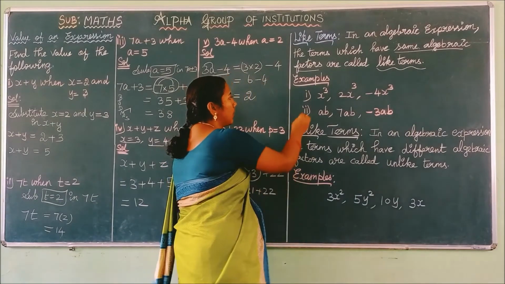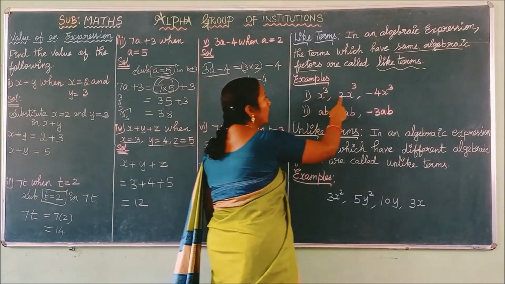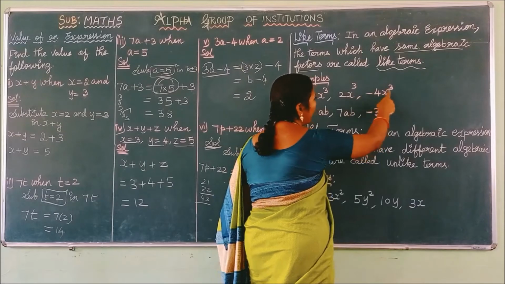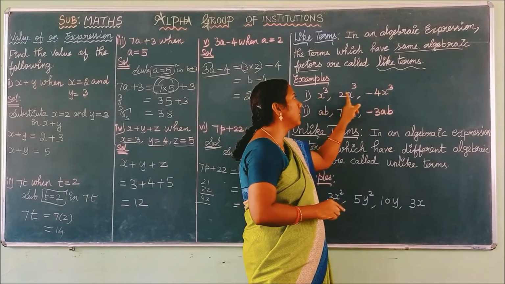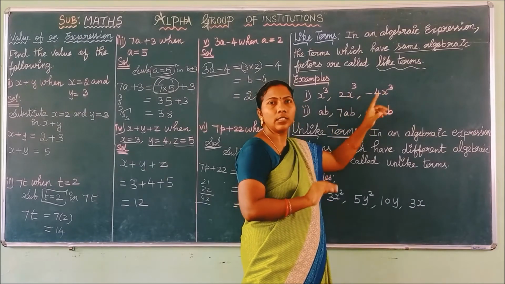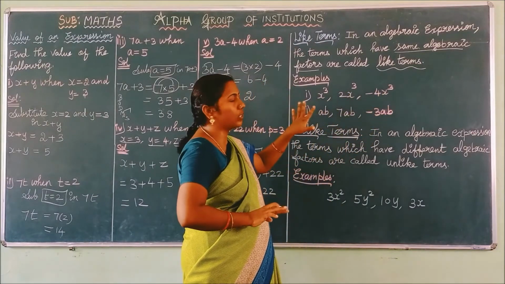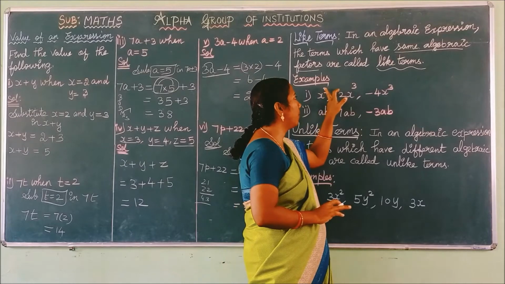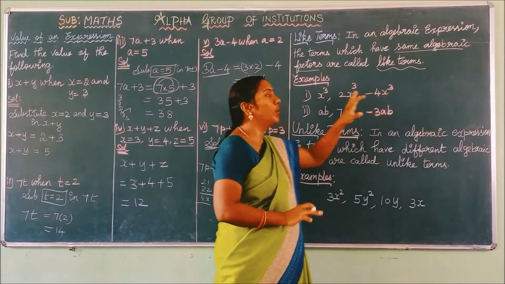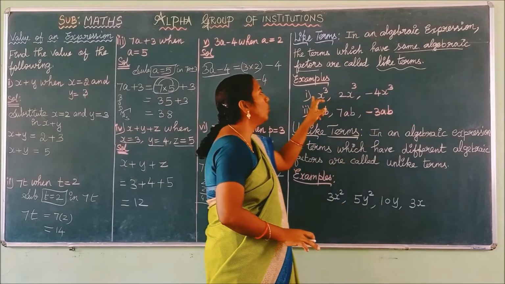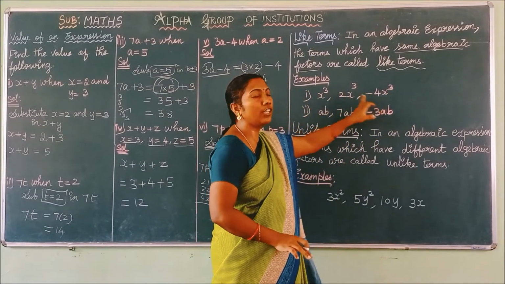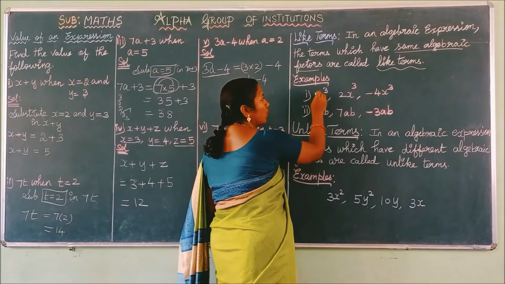See here we have some examples. x cube, 2x cube, minus 4x cube. Observe the variables. Here we have x, here also x, here also x. All the variables are the same, x only. And also observe their power: 3, 3, 3, that is cube. Here x cube, here also x cube, here also x cube. They have different coefficients. What is the coefficient of x cube here? 1.